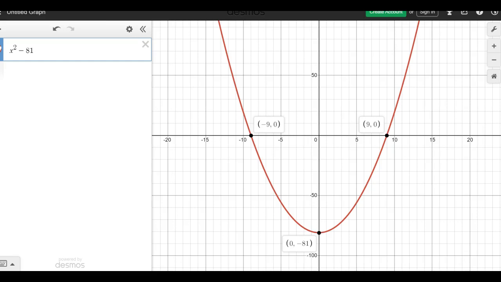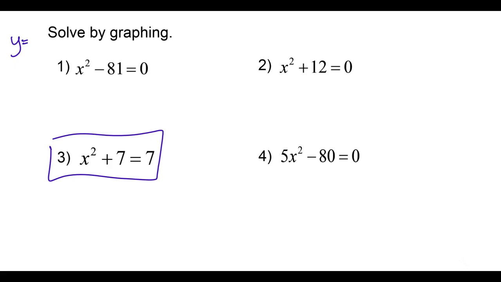Those are the things that we're going to include in our answer. So as we enter our answer in this worksheet, we're just going to say x is equal to -9 and x is equal to +9.